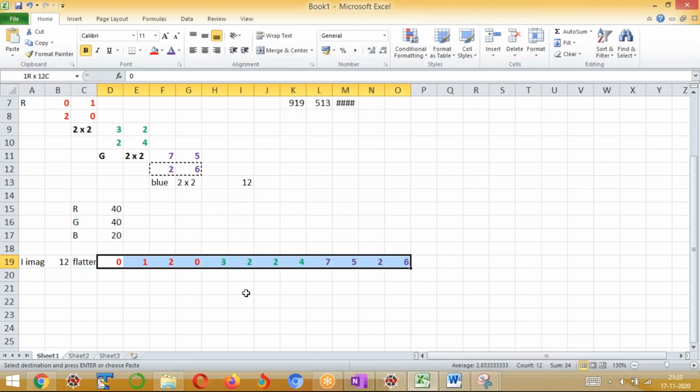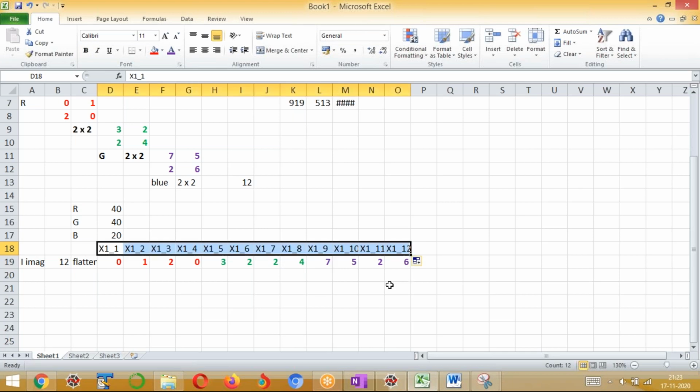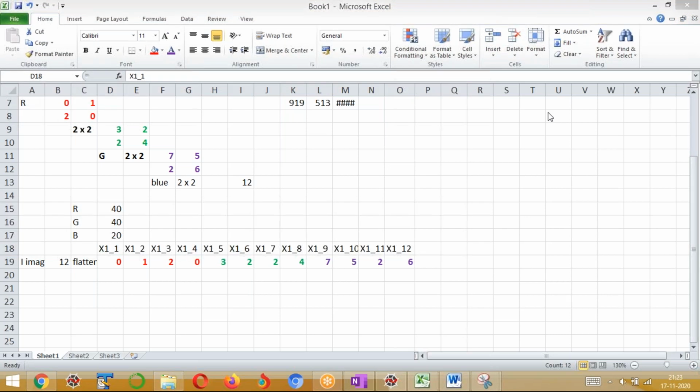It is converted into 12 pixels. That means my image contains 12 individual columns. This is going to be your x1_1. How many columns do we have? 12 columns are generated. Is it clear? Now I'll pass the second image.